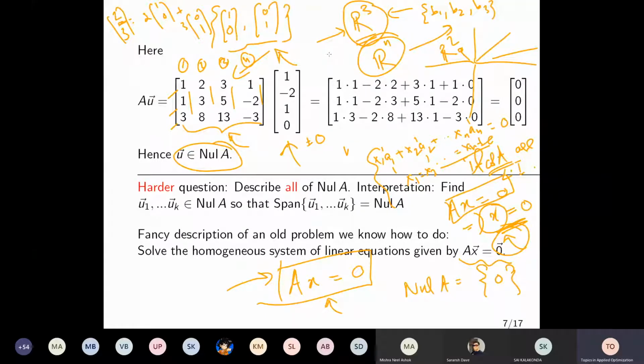Since these two are enough in this case, the moment I put in anything more, it will make the set dependent, because any other vector I put in here can be written as a linear combination of the existing vectors. So it is no longer going to be linearly independent.